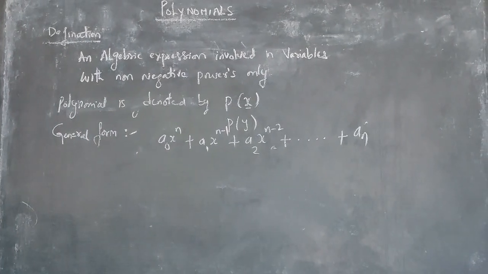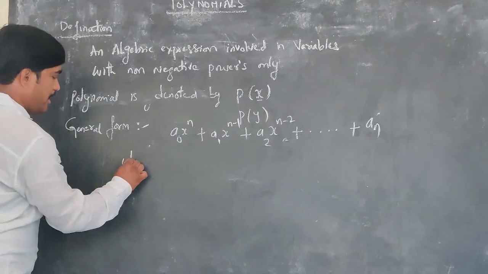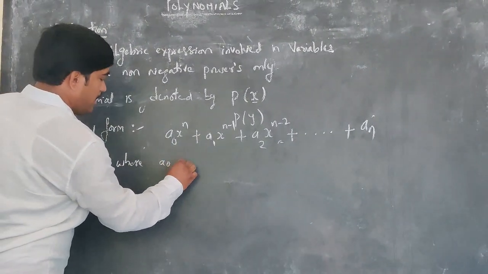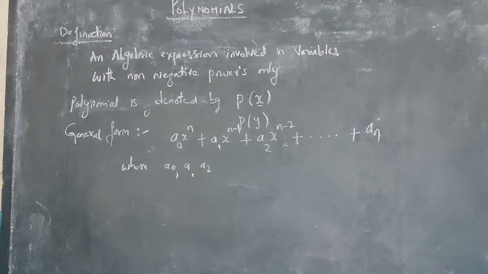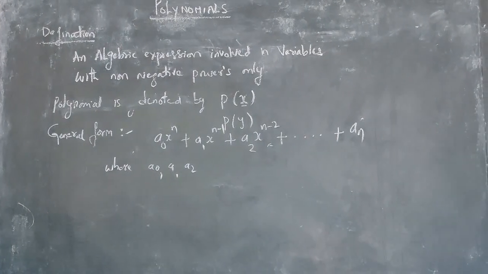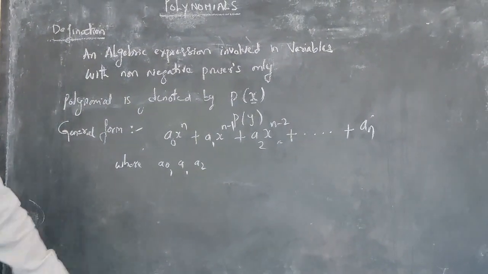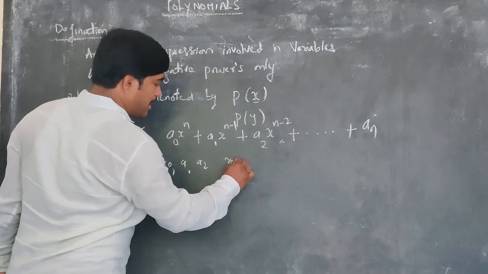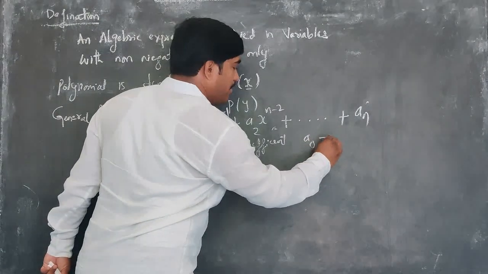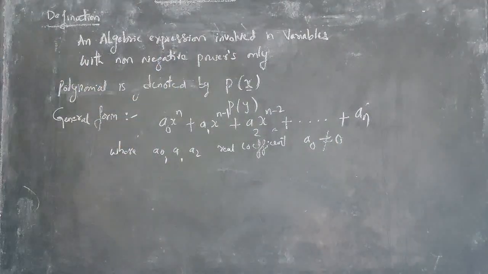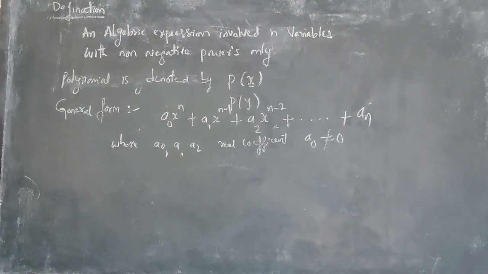Now here a0, a1, a2 are the real coefficients, and keep in mind this a0 will never be equal to 0. Now this is the general form.